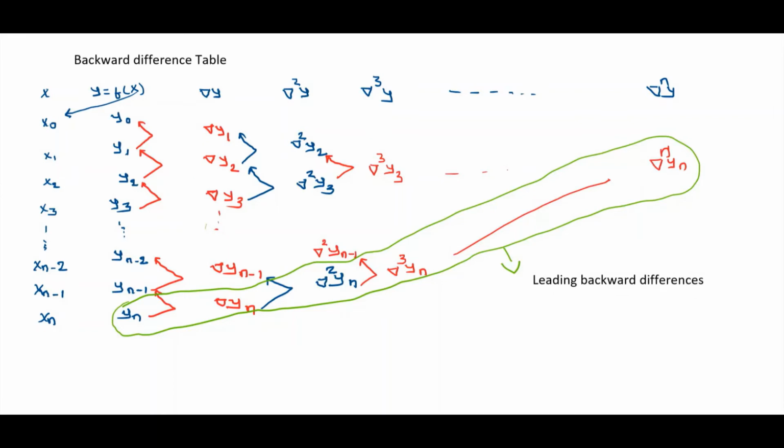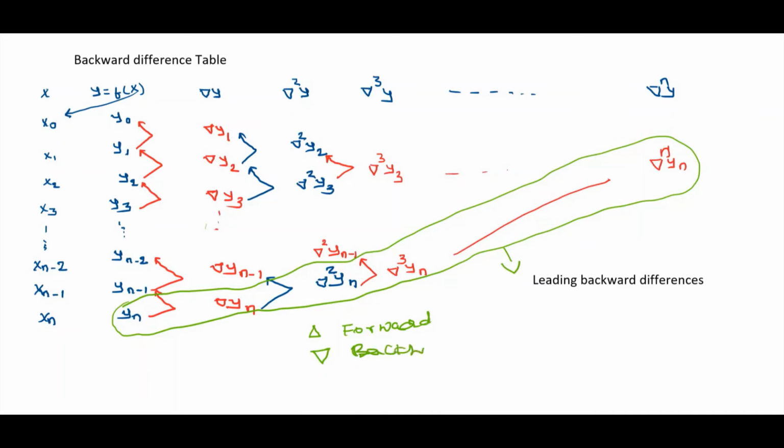Note that in two types of differences, that is forward differences as well as backward differences, the values in the difference table are the same, but they only differ in their notations. The forward difference is denoted by delta, whereas backward difference is denoted by del.